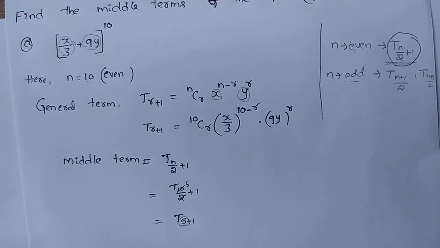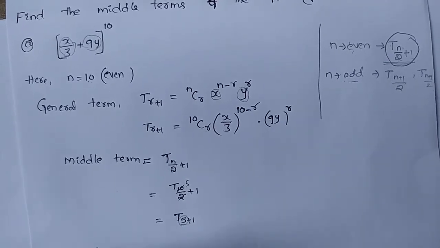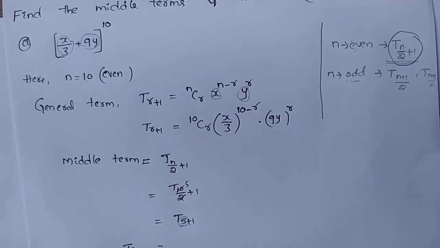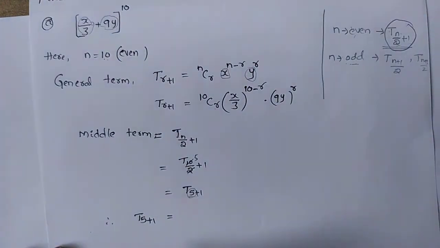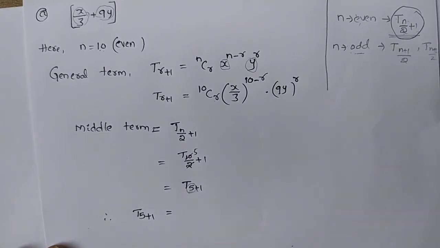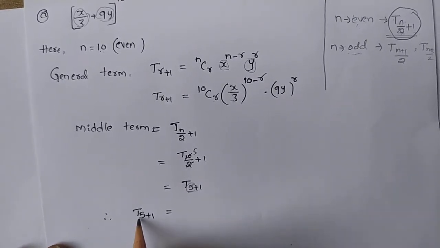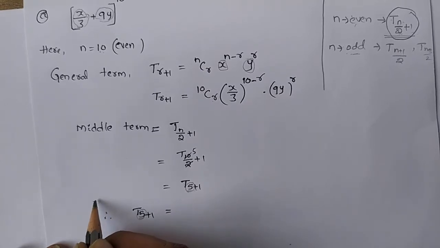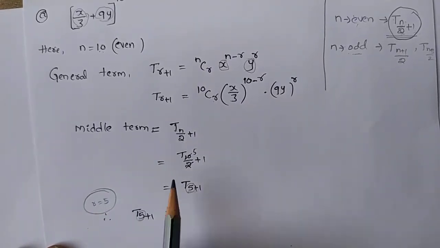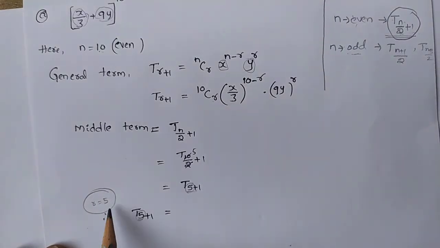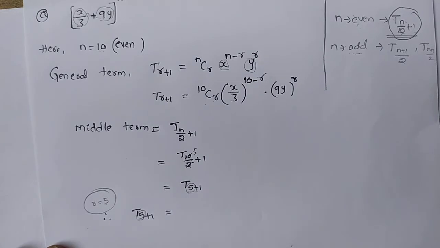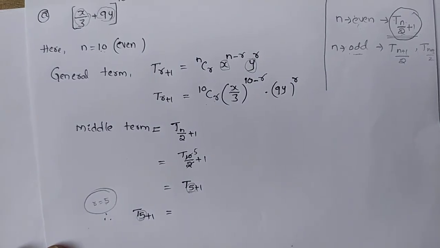So therefore T 5 plus 1 equals, in place of r we have 5. You just substitute this r value in the general term, and finally we will get the middle term.